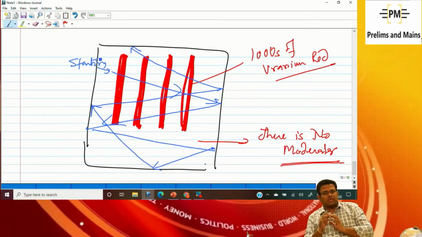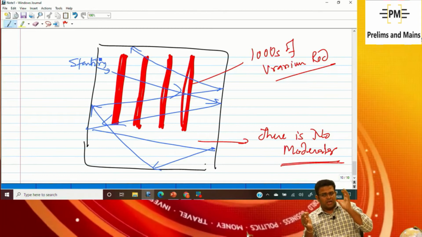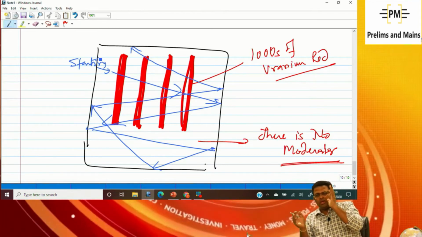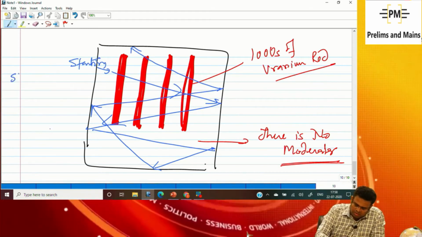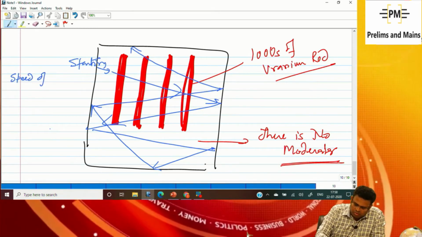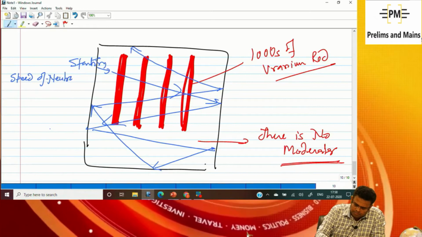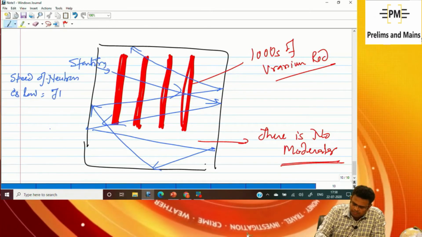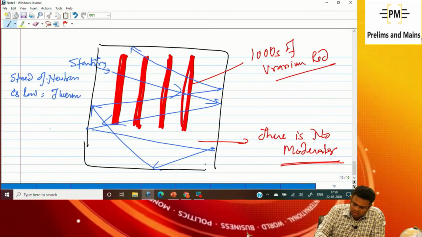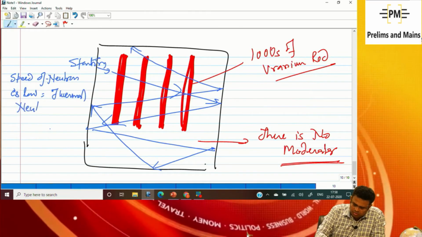Thermal neutron means reduced speed, and when the speed of the neutron is low, we say it is a thermal neutron.